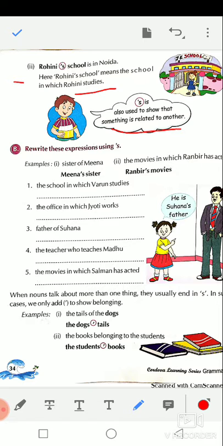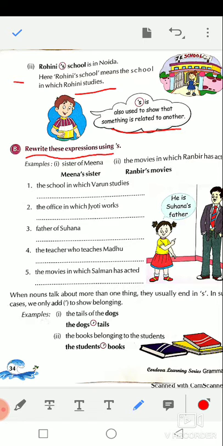Now see these sentences. Rewrite these expressions using apostrophe S. Sister of Meena, how can we write this? Meena's sister. The movies in which Ranbir has acted, Ranbir's movies. The school in which Varun studies, we can write Varun's school.